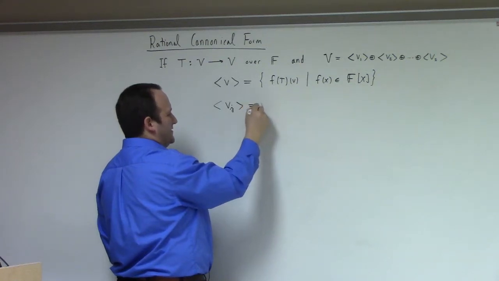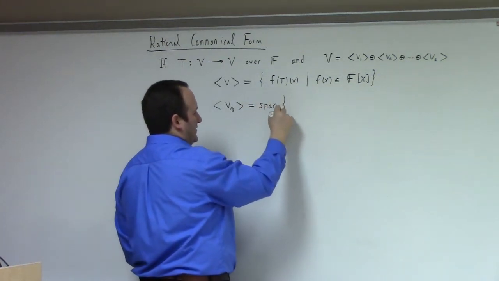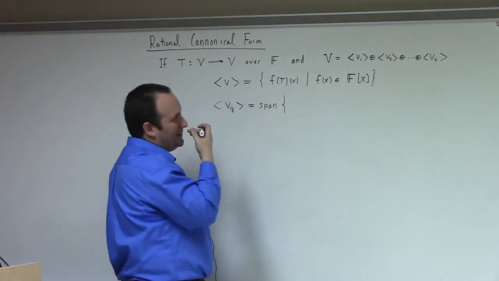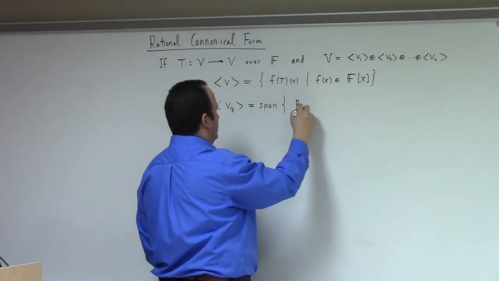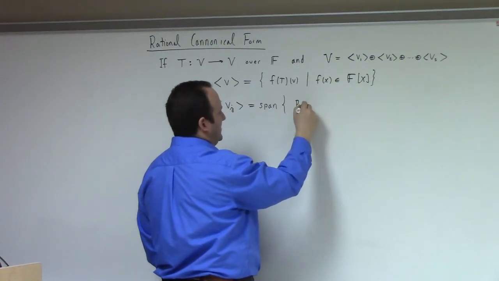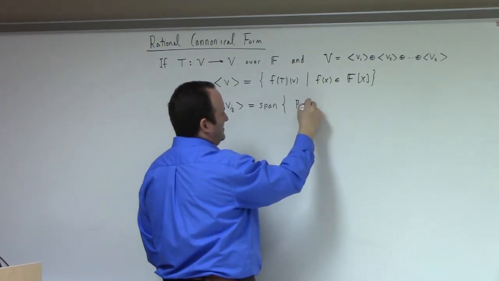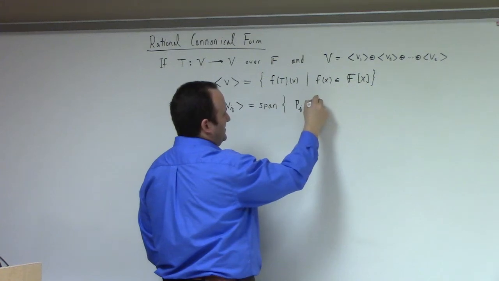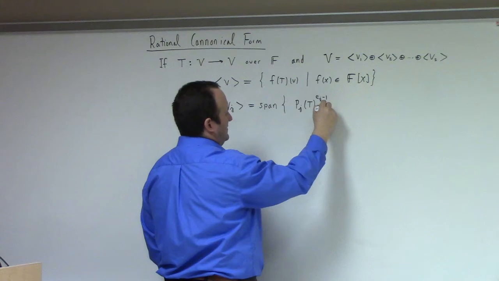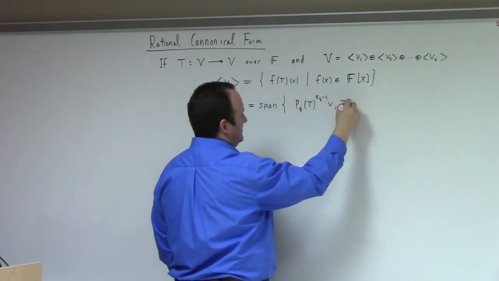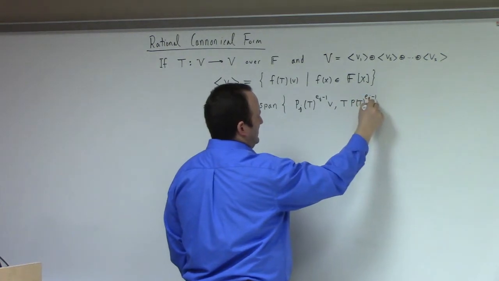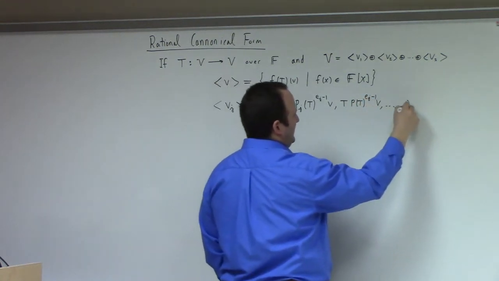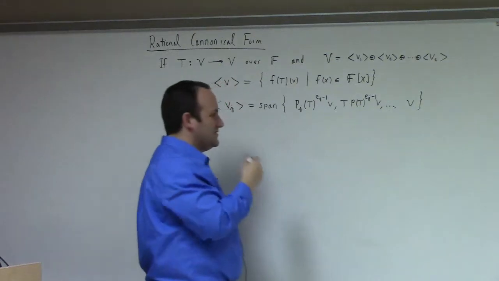It's something like the span of, oh man, there's the prime p_j of T to the e_j minus 1 applied to V, and then you do T, and so forth, and eventually you get down to V. I don't know.